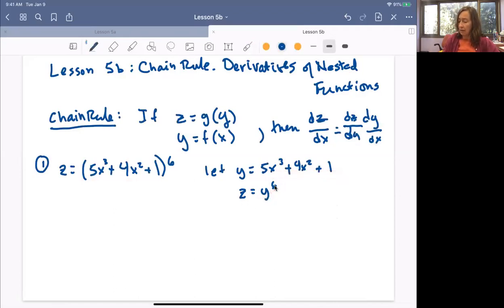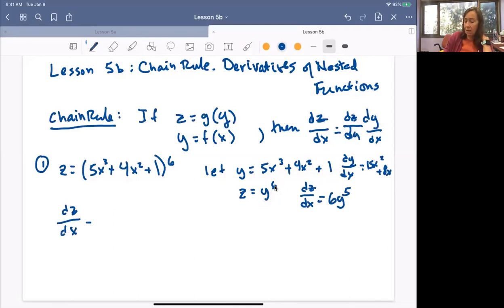Once I've got those things established, I can say dy/dx is 15x^2 + 8x, and dz/dy is 6y^5. The chain rule says let's multiply those two things together.